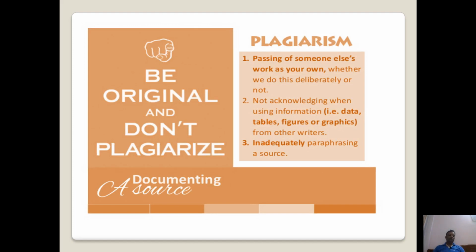This is the most important thing that every researcher has to keep in mind while drafting a research paper: he should be original and not plagiarize. What does it mean? Suppose you are stealing some information from some books and using it in your research paper.